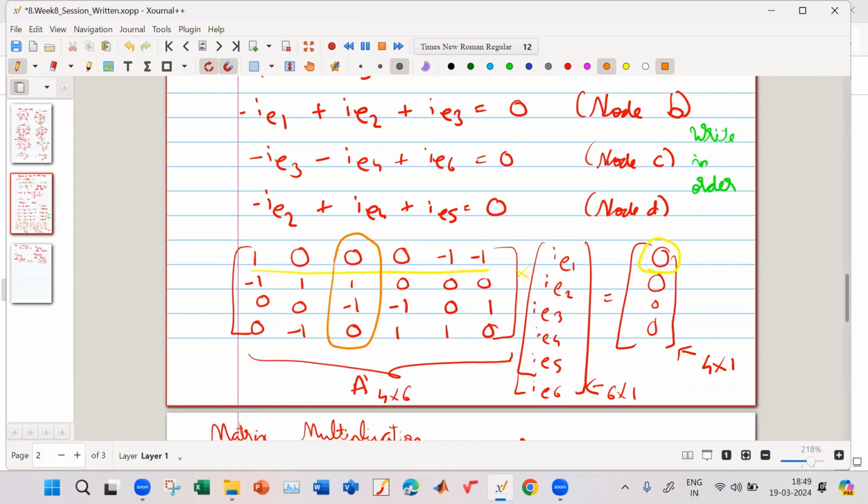Okay. Now, what happens if I rub this out? Will I not be able to know what should be in the bottom row? You can calculate it. So this information over here is already available in these three equations.